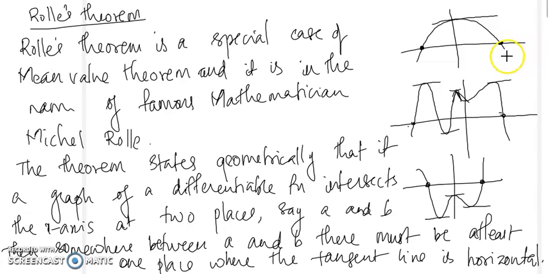If f is a function which is continuous on the closed interval [A, B], and differentiable in the open interval (A, B), and if at the end points A and B your function is equal to 0, then there is at least a point C belonging to the open interval (A, B) such that f'(C) = 0.